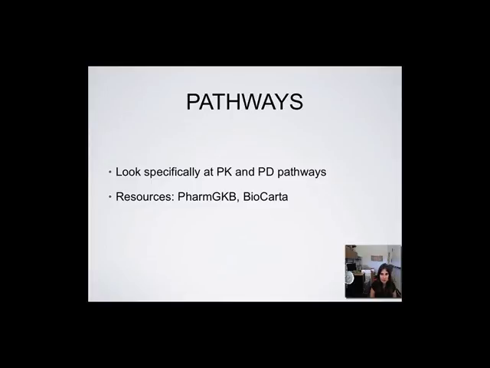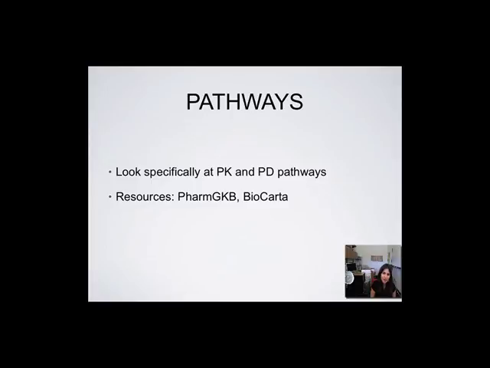Pharmacokinetic being how the body metabolizes the drug, and so if you have variation there, it could have an influence on the amount of the drug in the body, how the drug is eliminated or excreted, and then of course the pharmacodynamic pathways, which have to do with how the drug interacts with the target. There can be variants in the target that affect how well the drug works or how much of the drug you might need for it to work.